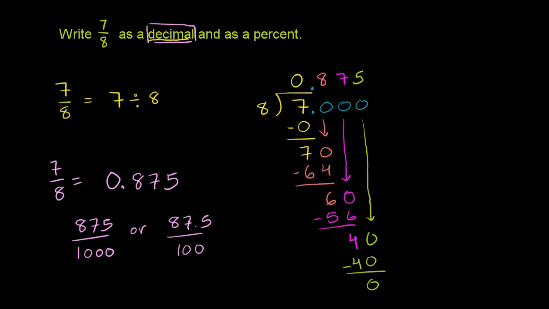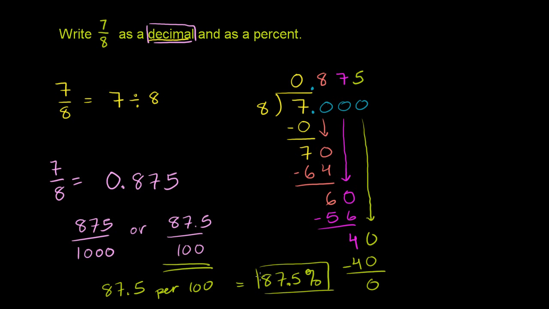And this is literally saying 87.5 per 100, or per cent. So this is equal to 87.5 percent. So that gives you the reasoning for why it works.